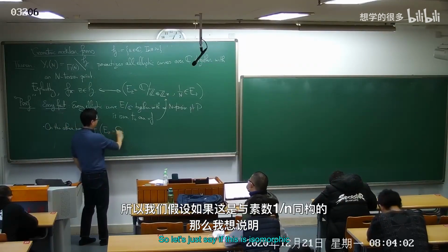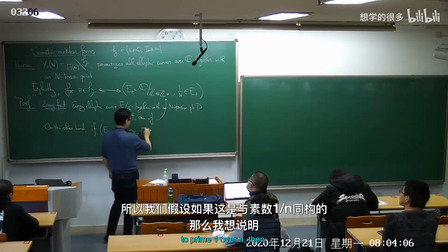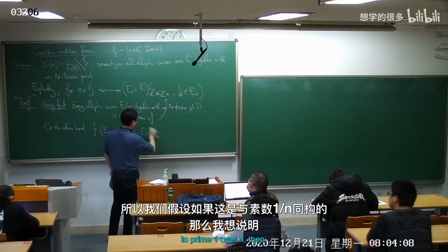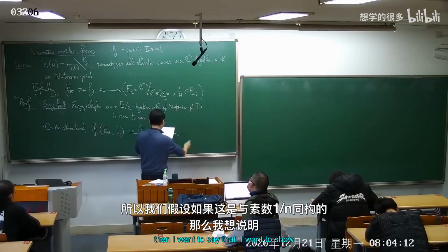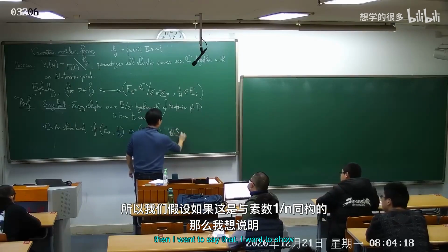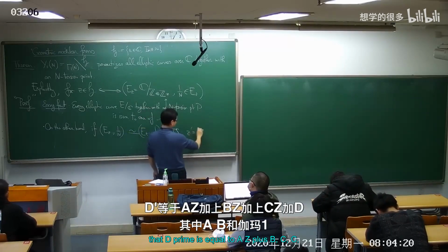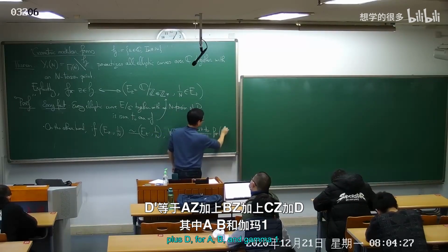That's to say, if E_z is isomorphic to E_z prime with 1 over n, then I want to show that z prime is equal to (az plus b) over (cz plus d) for a, b, c, d in gamma 1n.